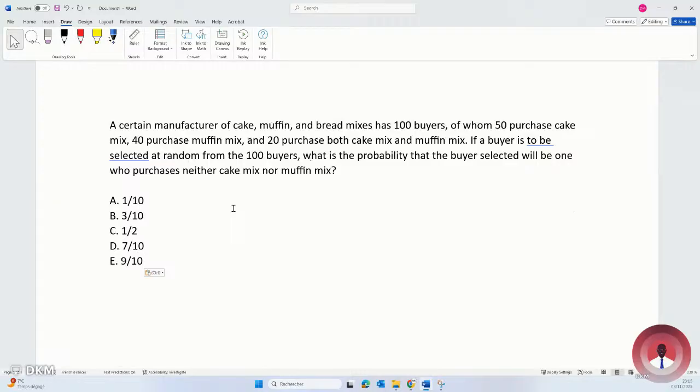If a buyer is to be selected at random from the 100 buyers, what is the probability that the buyer selected will be one who purchases neither cake mix nor muffin mix?